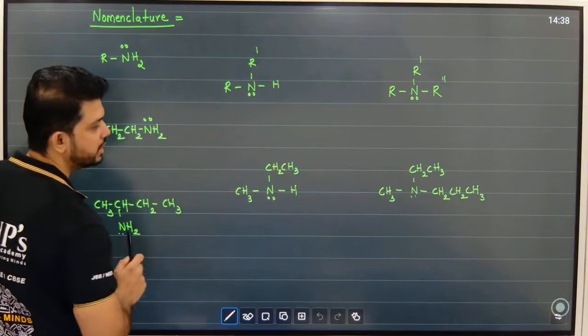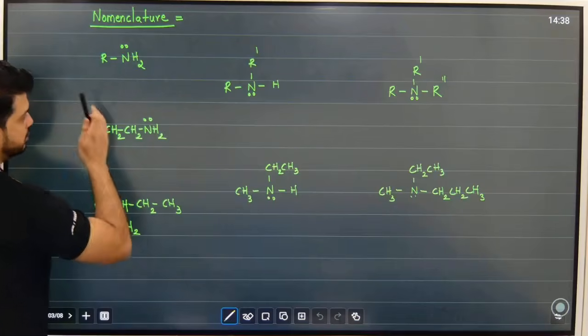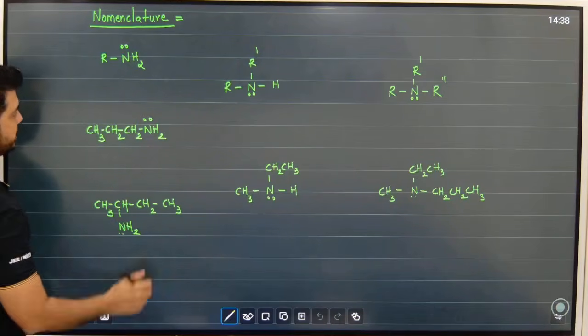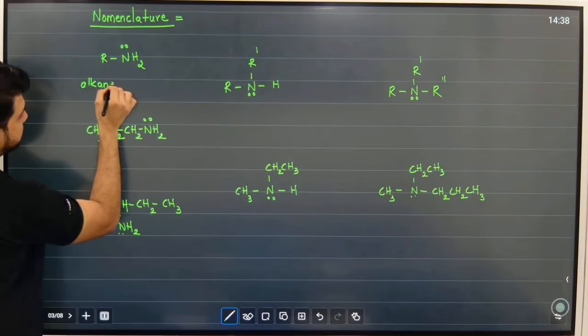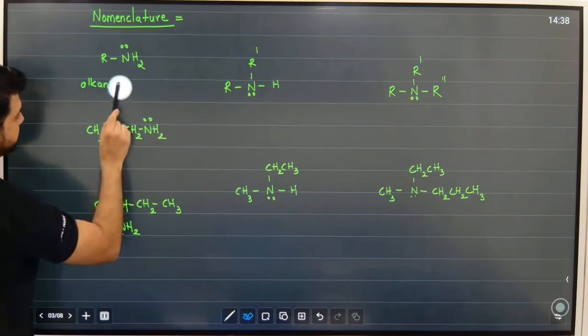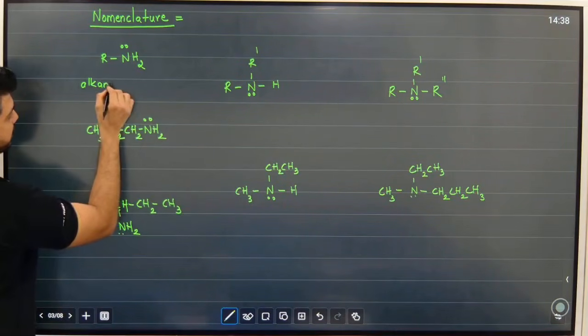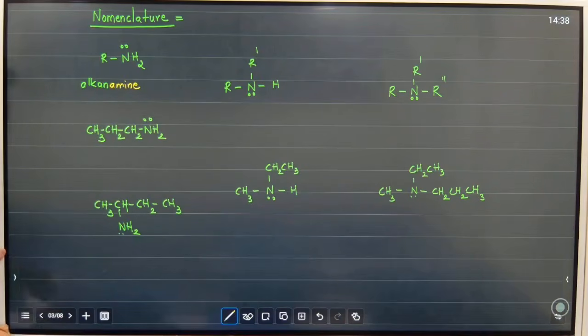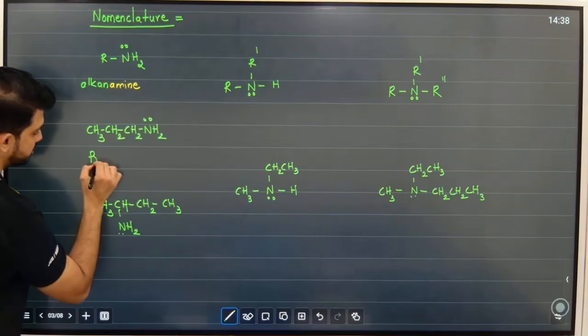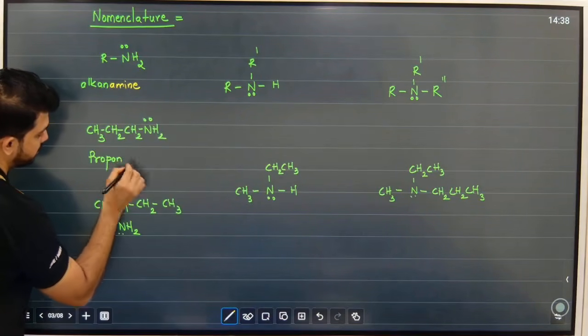The basic nomenclature for primary amines is: you count the number of carbons in the chain, write the corresponding alkane, but in place of the E, you add amine. For example, here there are 3 carbons, so the nomenclature will be propanamine.